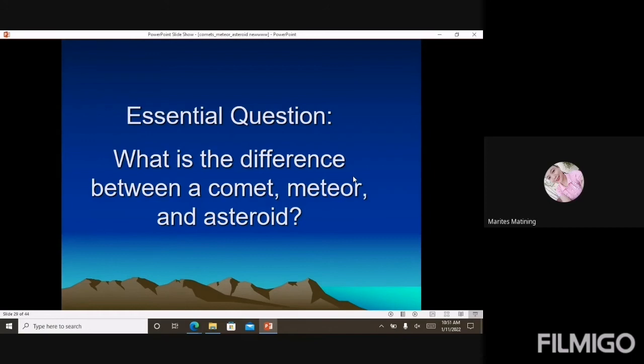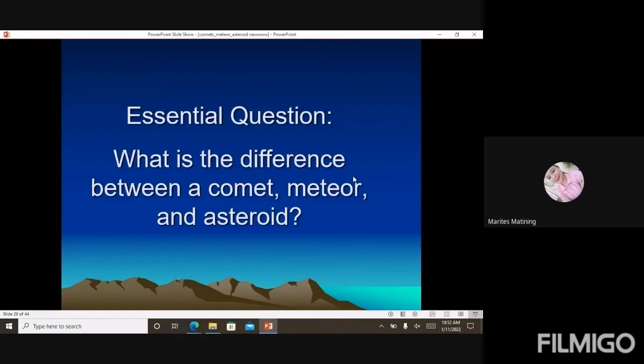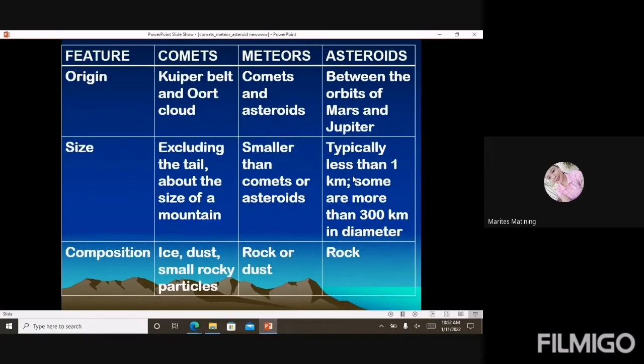Ano yung mga pagkakaiba nila, mga anak? Kung babalikan natin? Hello, mga anak. Naririnig nyo pa ba ako? Okay. Ano yung pagkakaiba nila?